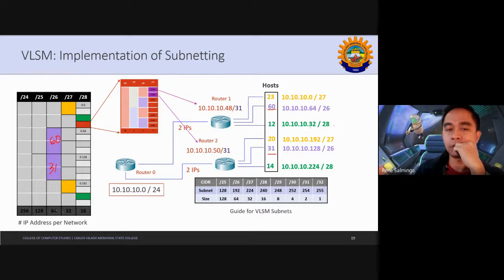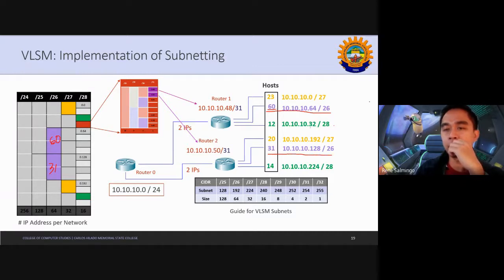And take note, each of these blocks is divided into 64, with slash 26, so the amount is equally distributed. In this way, the part you are not going to allocate, you could use for another part that needs an amount of hosts. Since we allocated already for 60 and 31, we finished allocating these values.